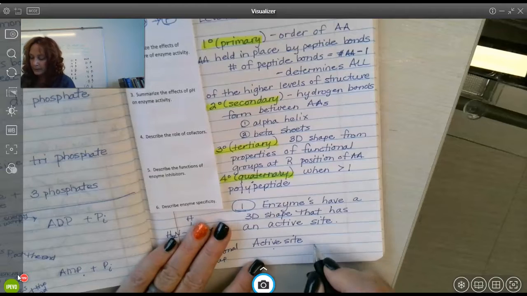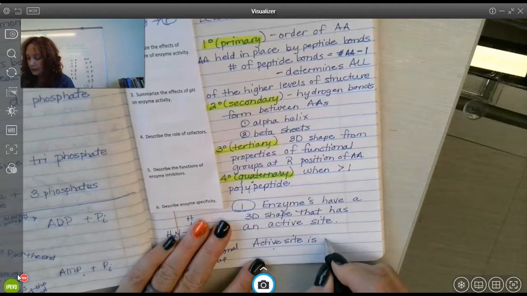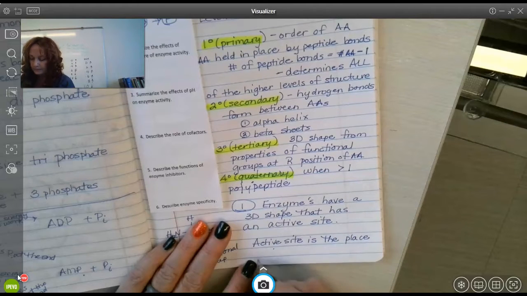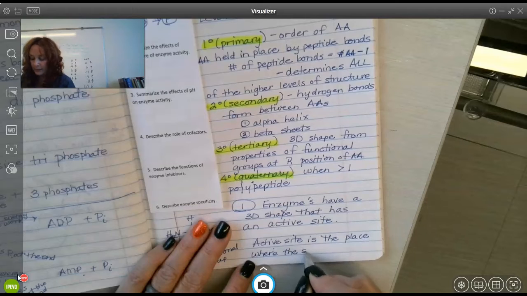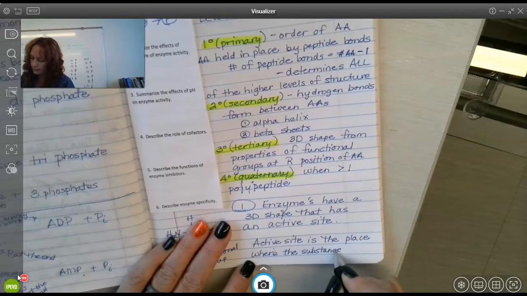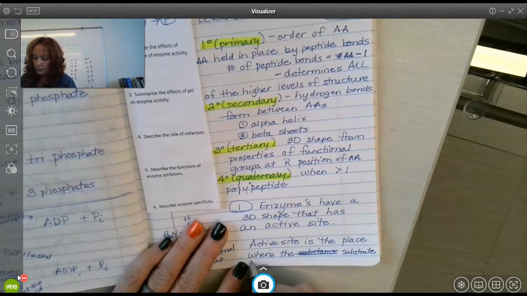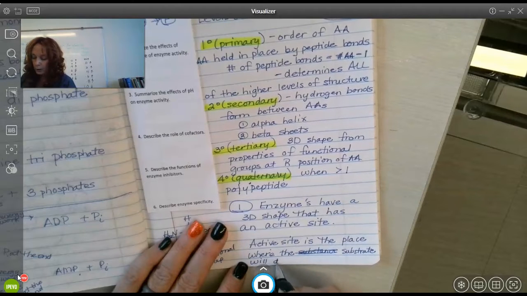So the active site is the place, the parking space, where the substrate, what is being acted upon, the molecule, will dock.